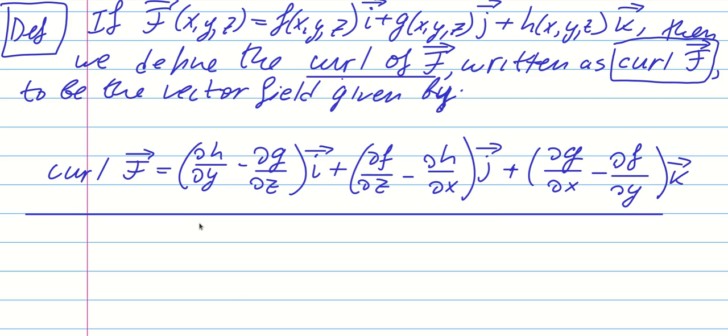Another thing, for the curl, you see this formula is kind of hard to memorize, so we can think of this formula for the curl as the determinant of the following matrix.